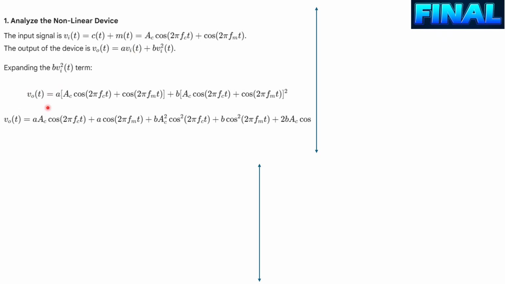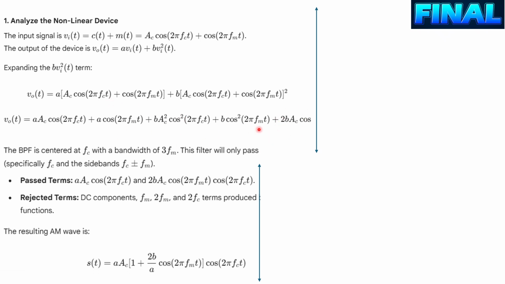Let's get the value of V_0(t). Put in the value of V_i, which is already given as c(t) plus m(t). You will get the first term and the second term, which is a square term, and then we take the difference. In the previous slide we already discussed the final output. Whenever we pass it through the band pass filter centered at f_c and having bandwidth 3 f_m, only f_c plus or minus f_m will pass.